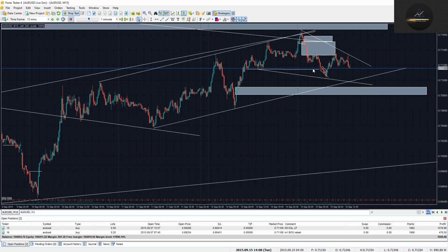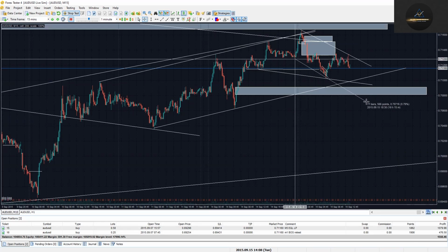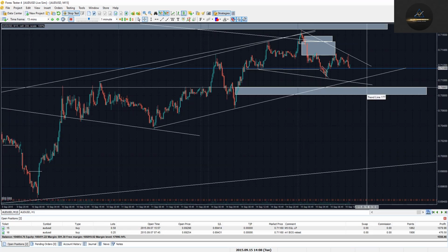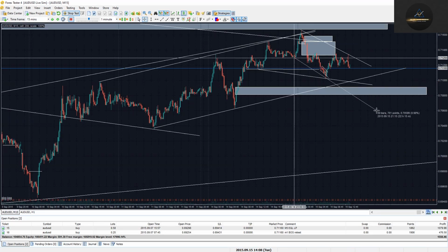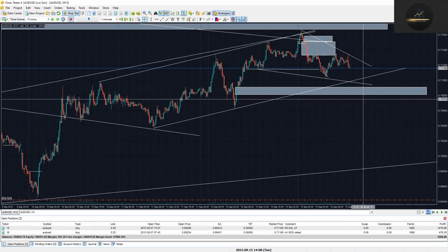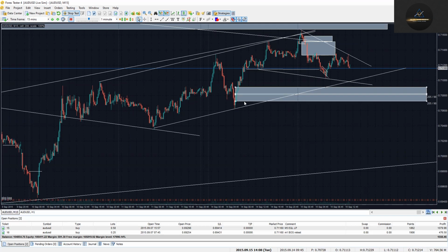I like this pattern. If this one fails, then I'll be looking at this one potentially for a pattern a bit lower than that. So perhaps all of this is a potential for a bounce.